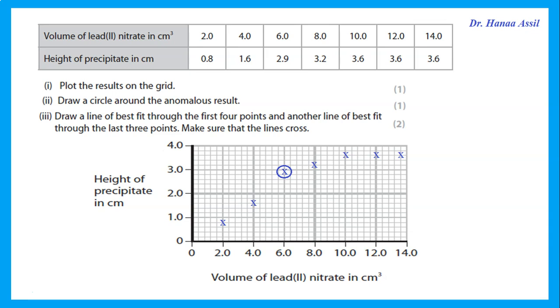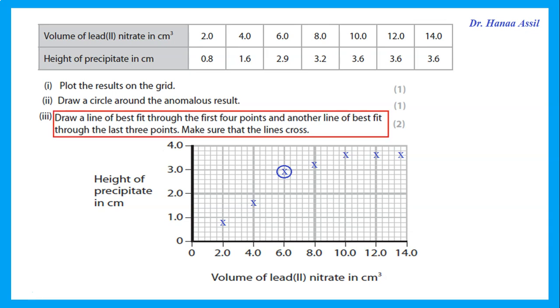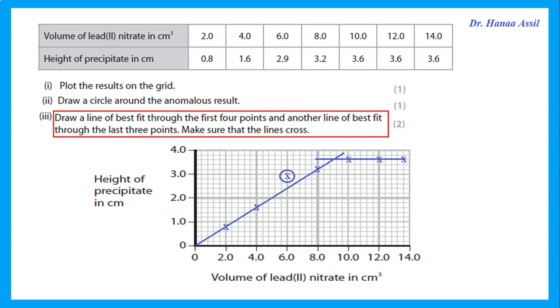Well, it says draw a line of best fit through the first 4 points and another line of best fit through the last 3 points. Make sure that the lines cross. So this is what you should have. Draw a line of best fit through the first 4 points, but we're going to ignore the one that is anomalous. Draw a line through the last 3 points and make sure that the lines cross.